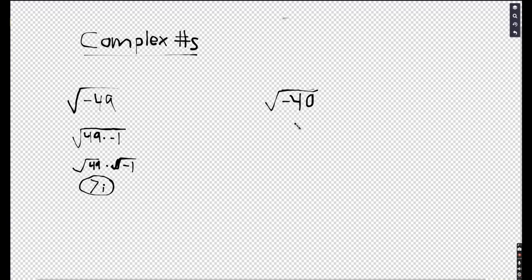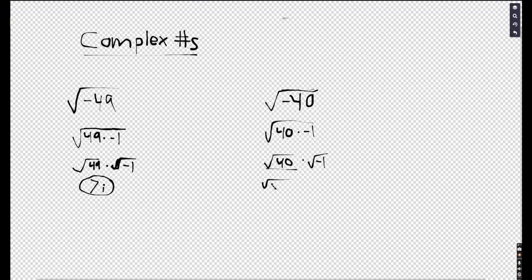Now let's move on to the square root of -40. There are a few ways we can go about this. Let's start with breaking it up into the square root of 40 times the square root of -1. 40 is not a perfect square, but within it there is a perfect square.